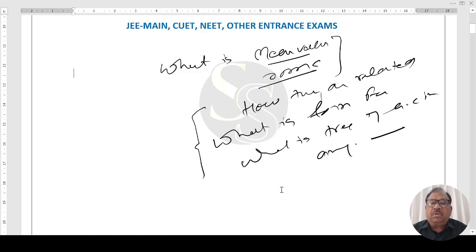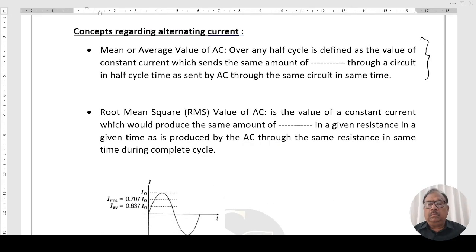Now let's start with the concept in question. Concept regarding alternating current, or you can say EMF. Mean or average value of AC over any half cycle. Be careful, not full cycle, over any half cycle.